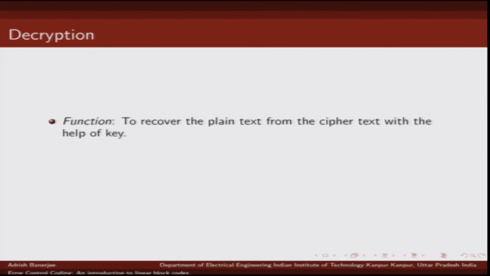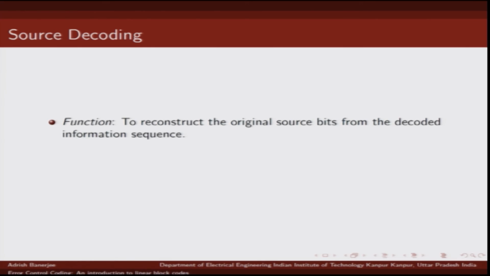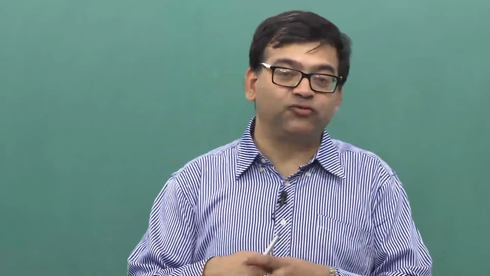After the channel decoder, we have the decryption block, whose objective is to recover the plain text from the cipher text, and essentially the security of the system lies in the key. Finally, we would like to get back our original source, because in the source encoder we did data compression, so we have been processing compressed data.